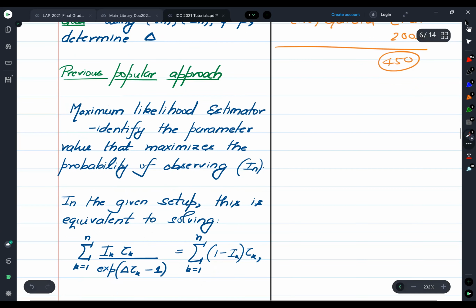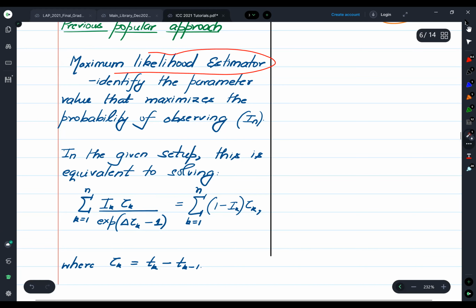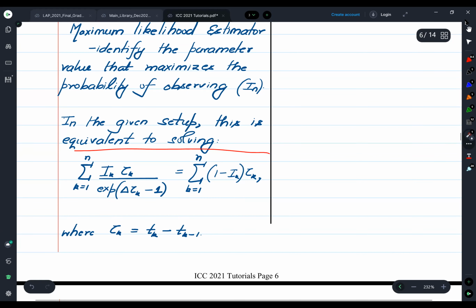In the setup that we are assuming, using the maximum likelihood estimator idea is equivalent to solving this equation. Let me go over it. The left side is a sum from k equals 1 to n of a fraction. In the numerator you have Ik times tau k, where tau k is the gap between Tk and Tk minus 1.